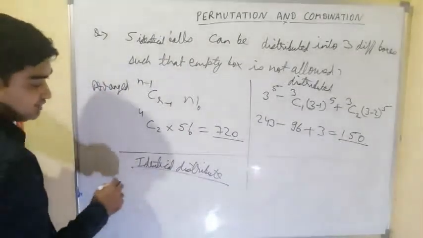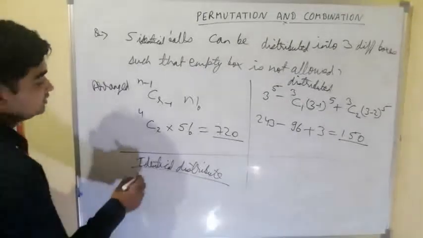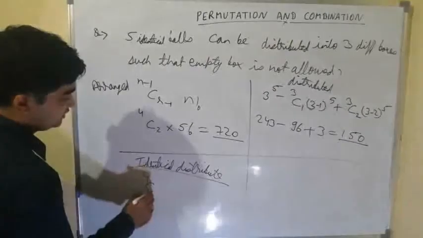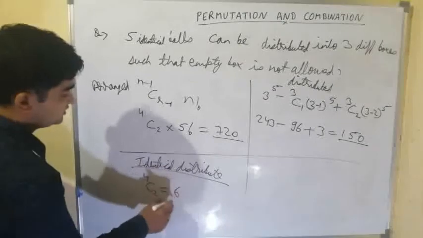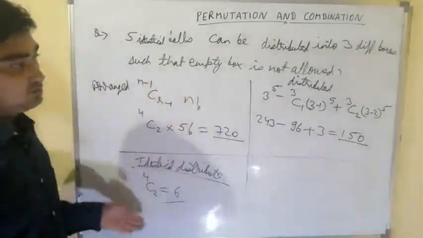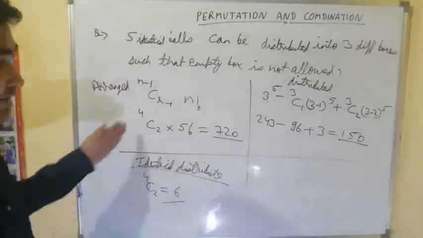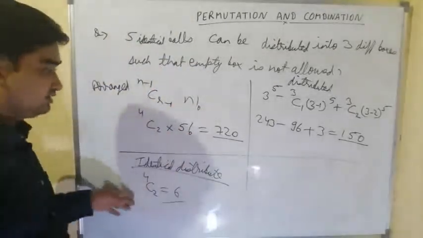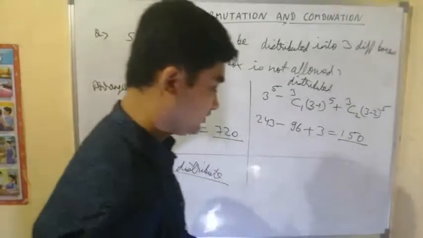Empty groups are not allowed, so n minus 1 c r minus 1. What is n minus 1? 4. C r minus 1, which is 2. So this is 6. So the answer is only 6. So the same kind of problem can come in 3 different ways, and the answer will depend on the language of the problem.